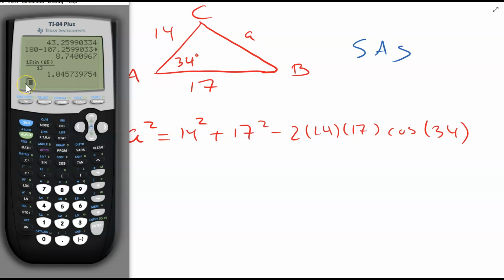So notice when I type this in, I'm going to type the square root in automatically because I don't want A squared, I want A. So I'm going to start with the square root, and then 14 squared plus 17 squared minus 2 times 14 times 17 times cosine 34. And so I get about 9.507.